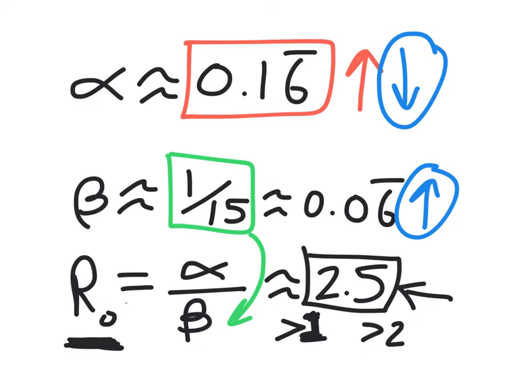Now, in the next part, I'm going to show you a simulation that I've made on Google Sheets so that you can pick an alpha and a beta that you think would be a good thing for the model, and then you can look through how that changes the number of susceptibles, the infected, and the removed, and you can look through all of the days because it calculates it for you.